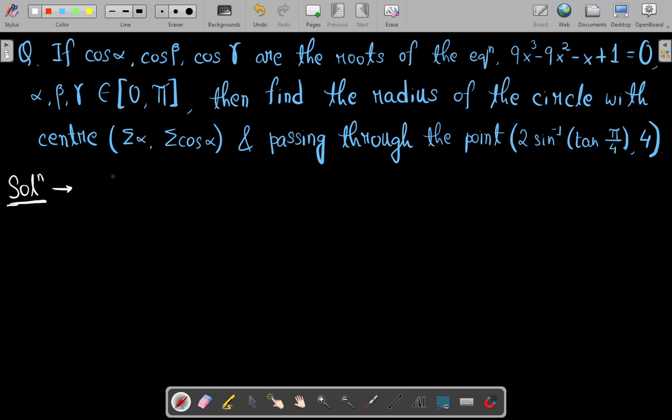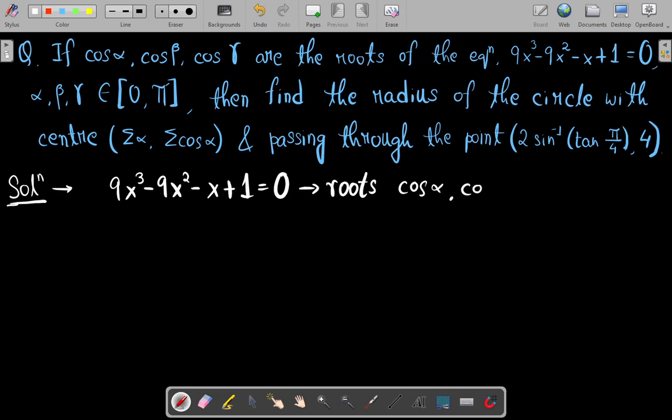Okay, so let us first start with this given equation. This equation is 9x cube minus 9x square minus x plus 1 equal to 0, and this has roots cos alpha, cos beta, and cos gamma.